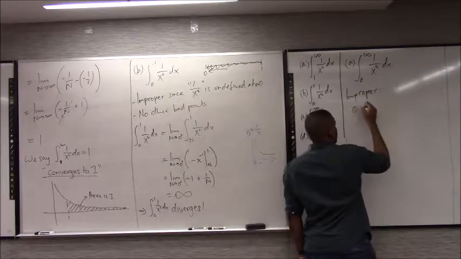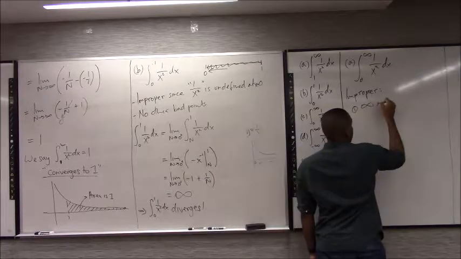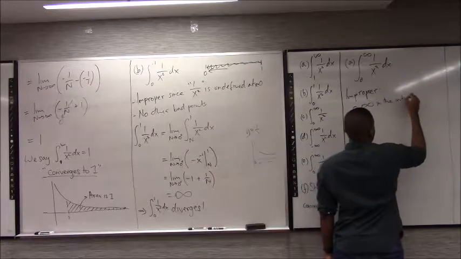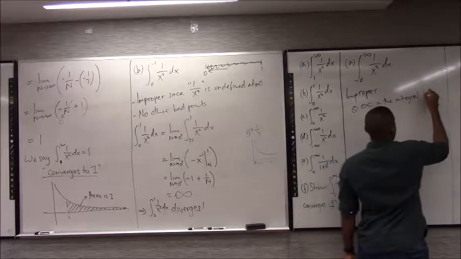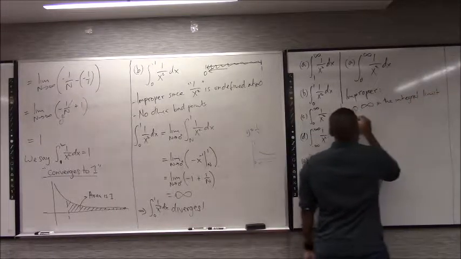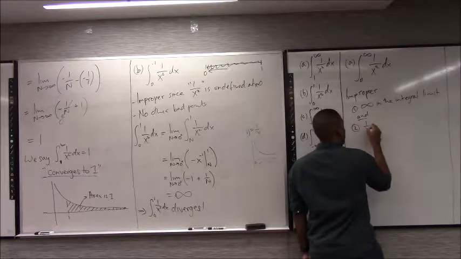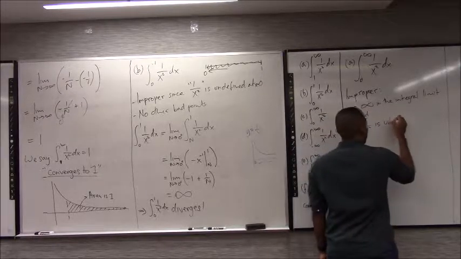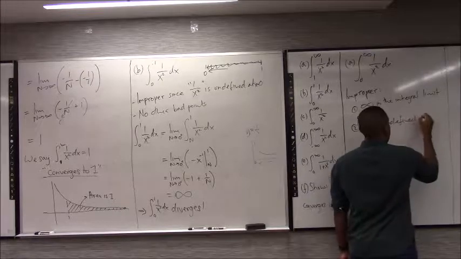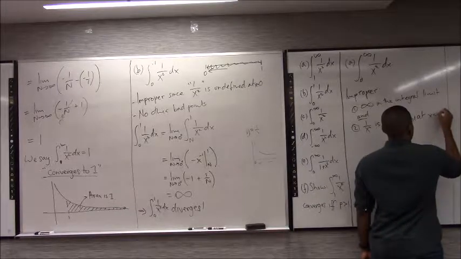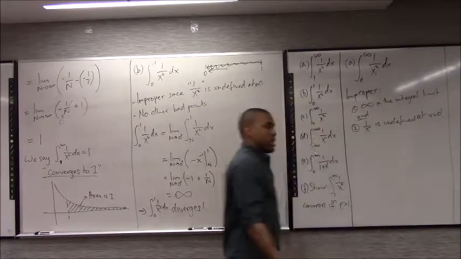One, there's an infinity in the integral limit. And 2, 1 over x squared is undefined at x equals 0. Now how do you actually deal with that?